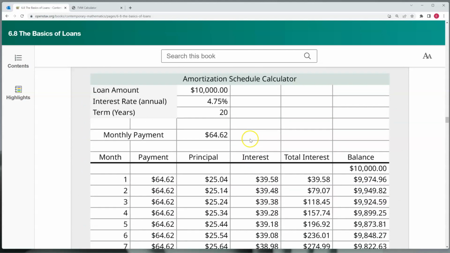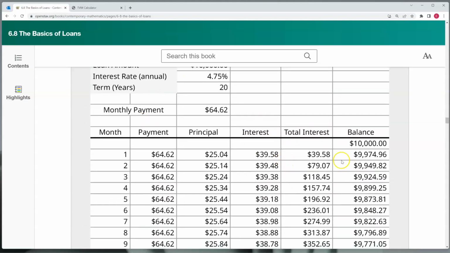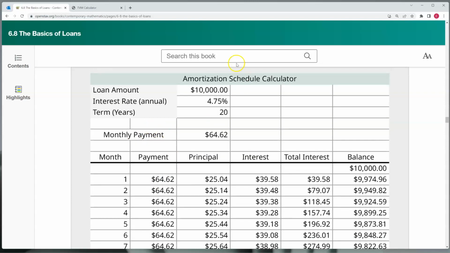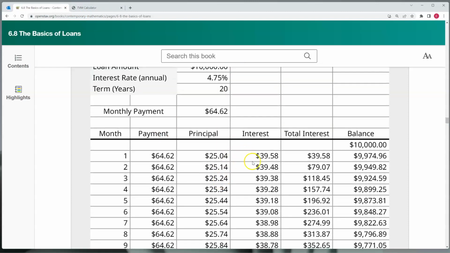And again, this is just how to read an amortization schedule, which is all I care about for this particular section. But just know that the payment is calculated from the TVM calculator or the formula based on the terms, but your interest is the percent of the remaining balance.